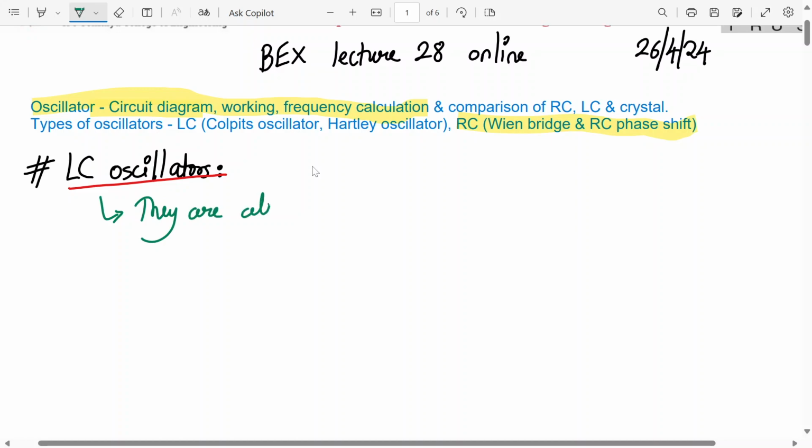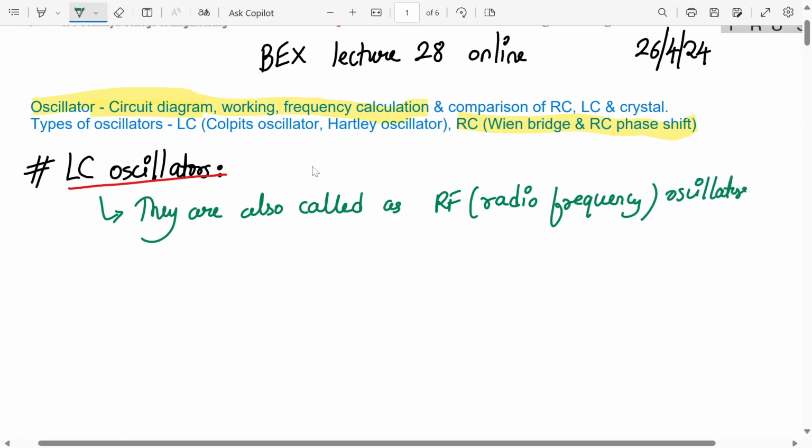They are also called RF, radio frequency oscillators, or they are also called tuned oscillators, or tank circuit oscillators. So they have many names.